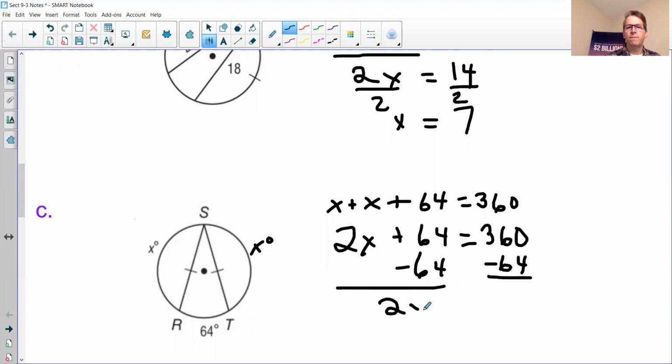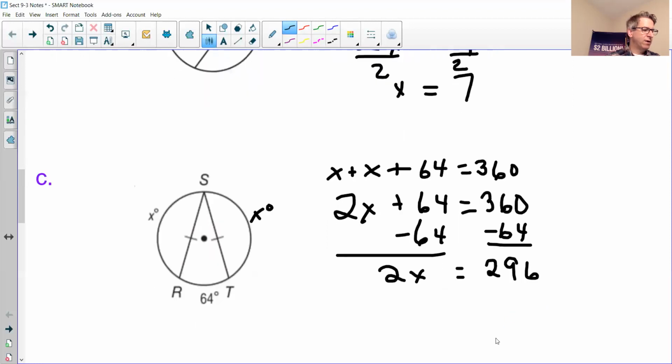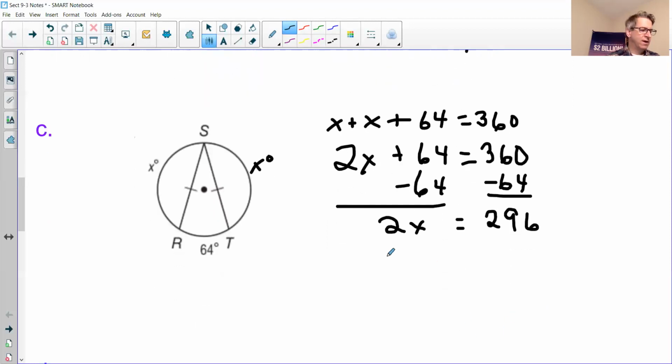So your 2x is equal to 296. And by dividing by 2 on this side and on this side, you have x degrees is equal to 148 degrees. So be on the lookout for that type of questioning coming up.